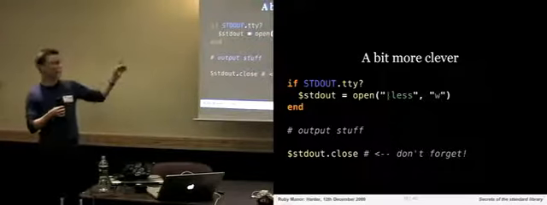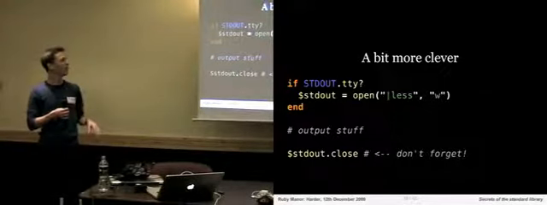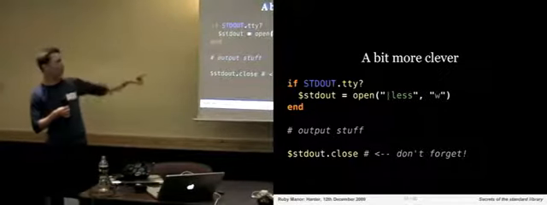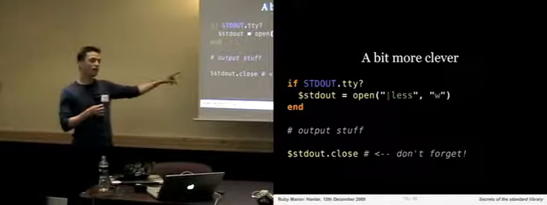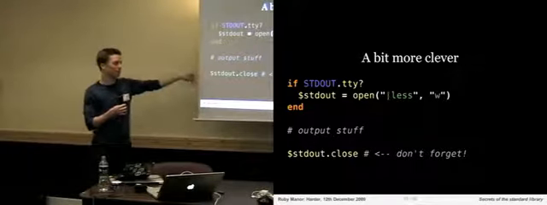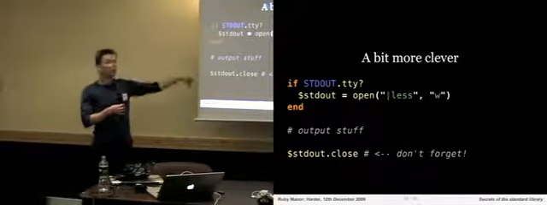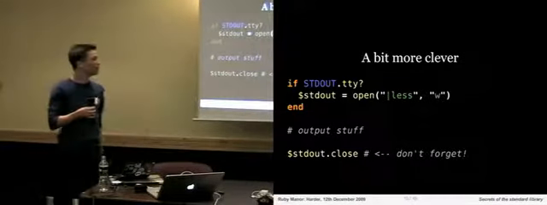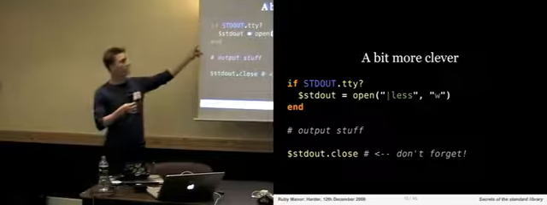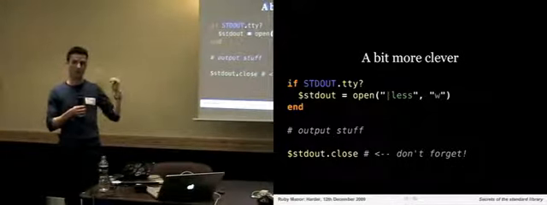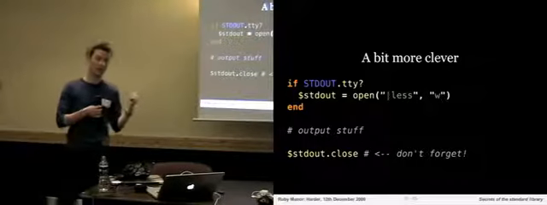If it's a TTY, which means it's like a terminal, then it tells it to pipe all the output through less, and then at the end it closes. And if you don't close it, you get weird behaviour, so just remember to do that. But the nice thing about this is if I decide I want to pipe the output to another program, then it won't be a TTY, so it won't happen, so it'll just be regular standard output. So that's quite a nice pattern for command line tools you might write.